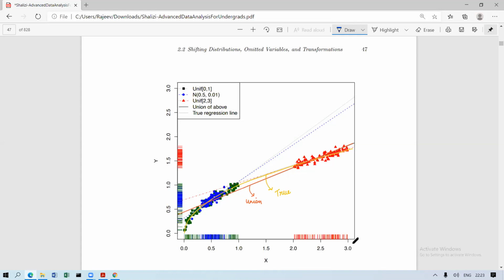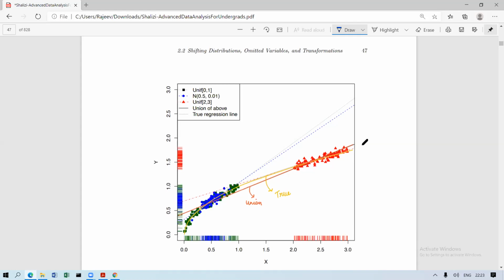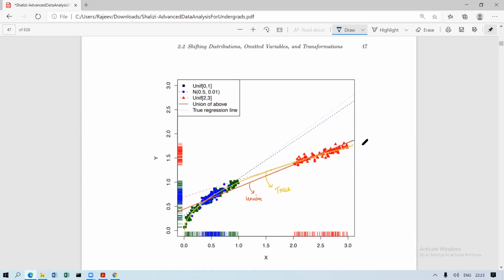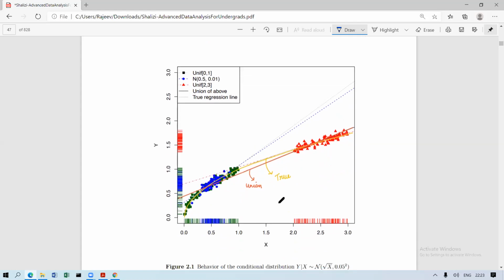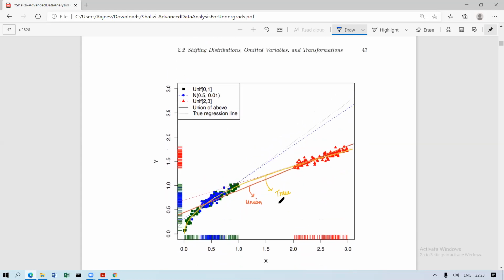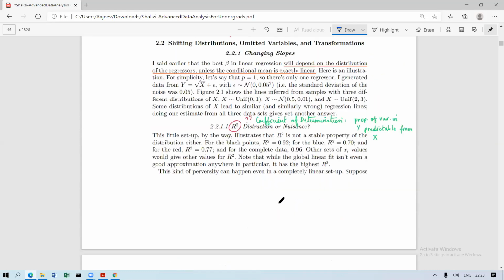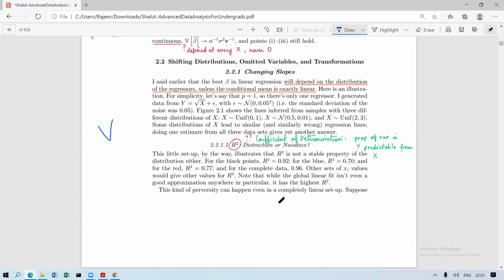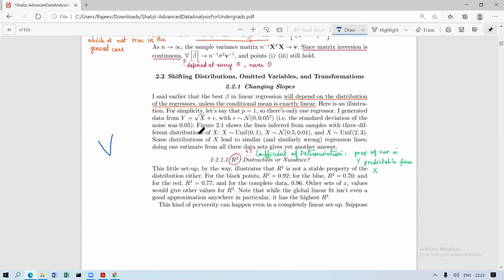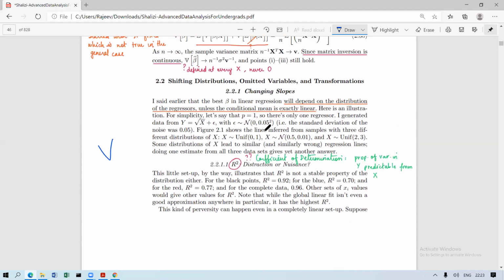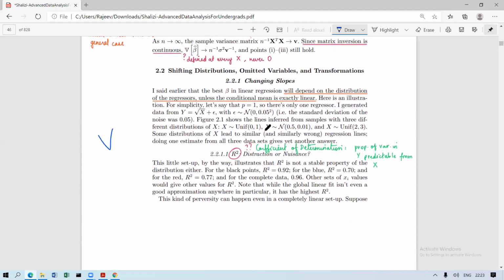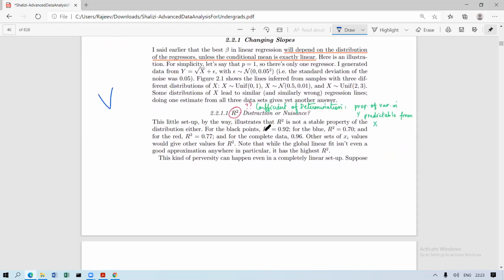If the red is what you have actually sampled, then this will be the new optimal line. So the slope of the optimal line is always dependent on what values of X you are taking into consideration, because obviously beta is dependent upon V, and V is dependent on how X is distributed.